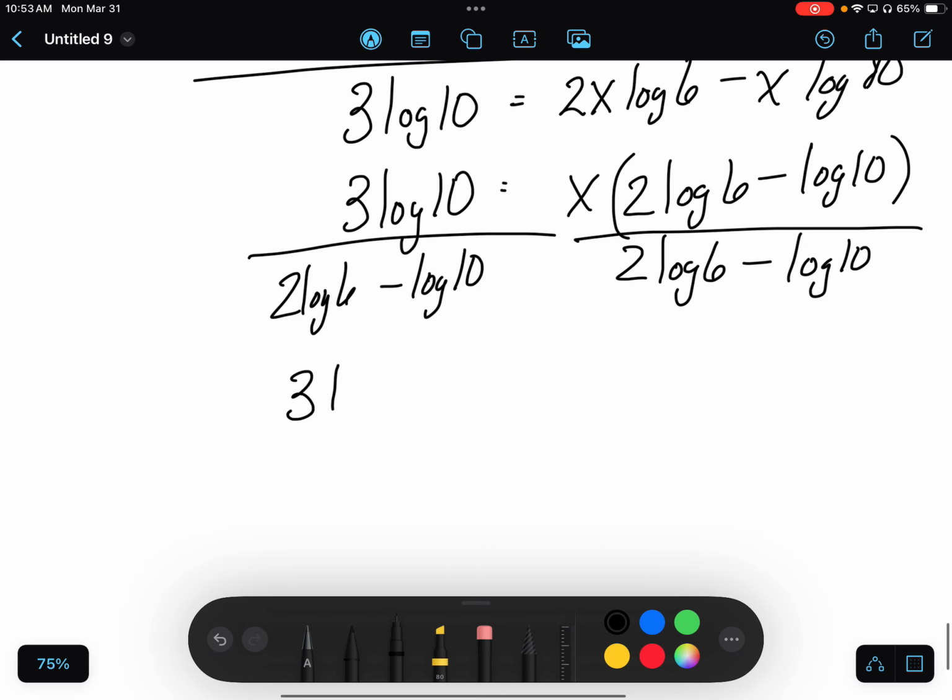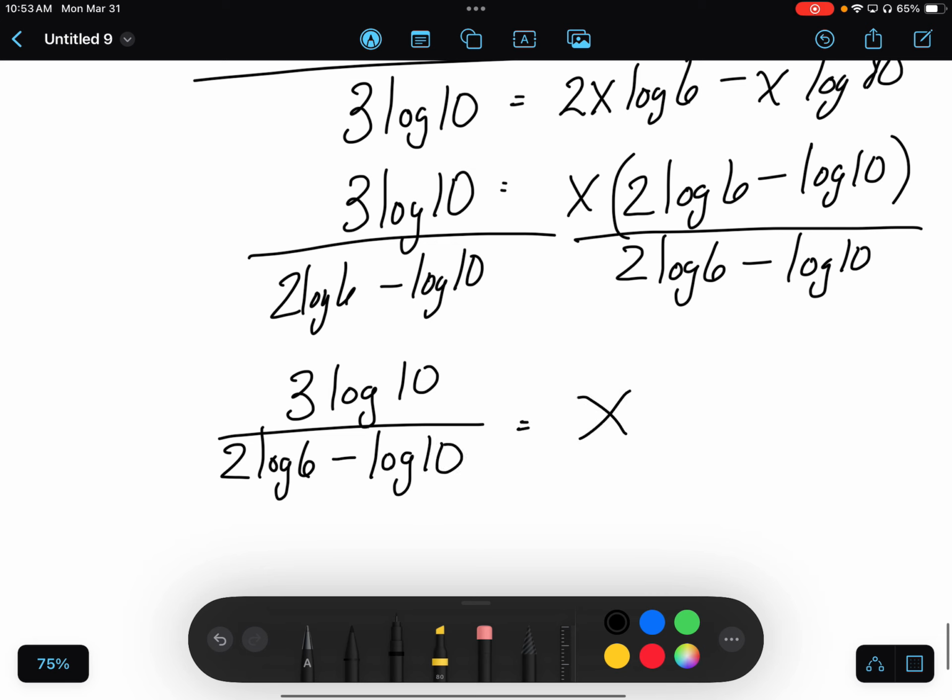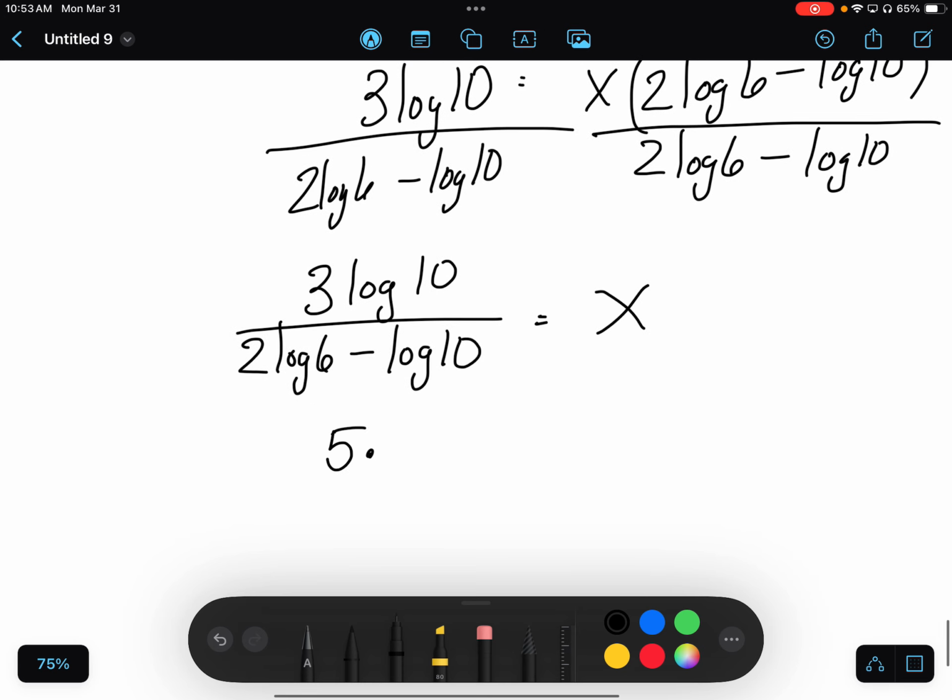So the official answer, or the exact answer, is 3 log 10 over 2 log 6 minus log 10. And then when you type it in your calculator, to 2 decimal places, because that's what the directions said, 5.39 is what I got. And that's 7D.